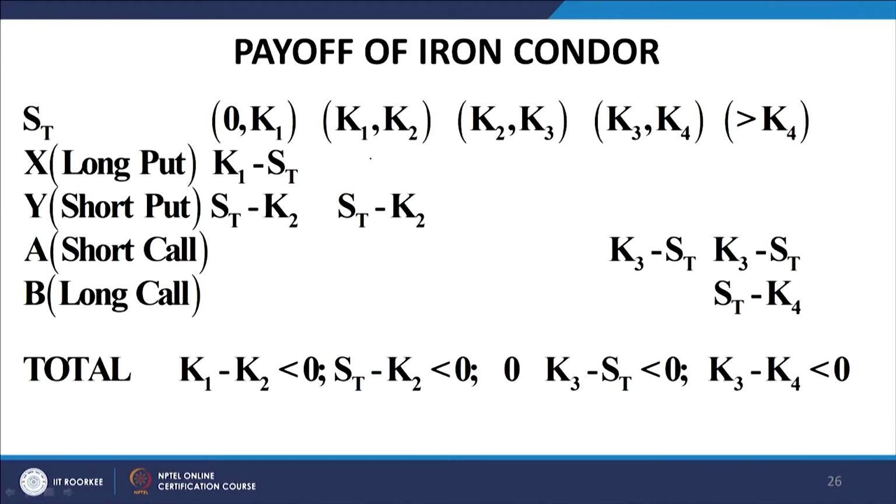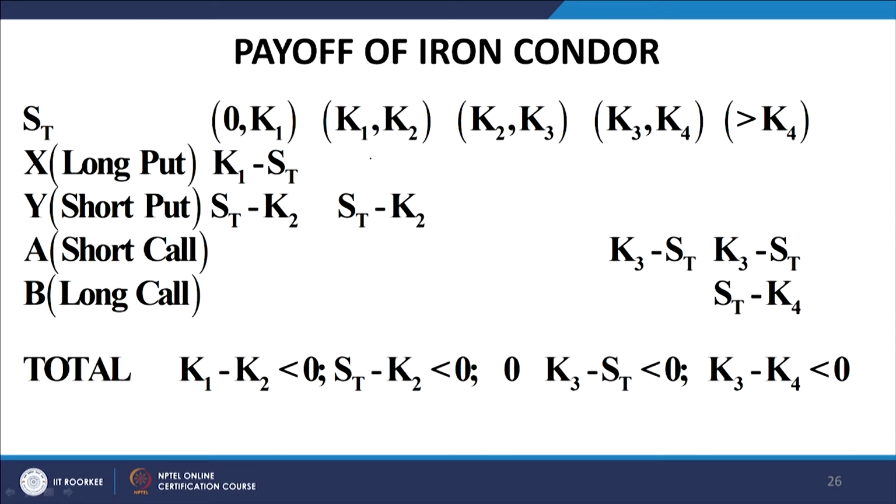And what about the short call A? If A has the exercise price K3, it will be exercised only if the stock price is greater than K3, but because it is short, the payoff will be K3 minus ST in both cases. Similarly, the long call B will be exercised if the stock price ends up greater than K4.